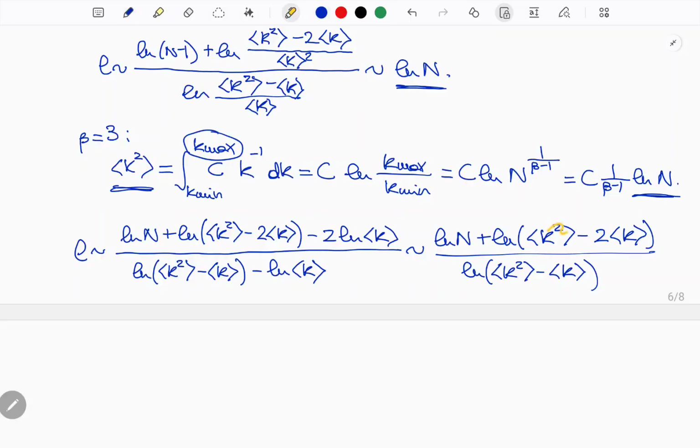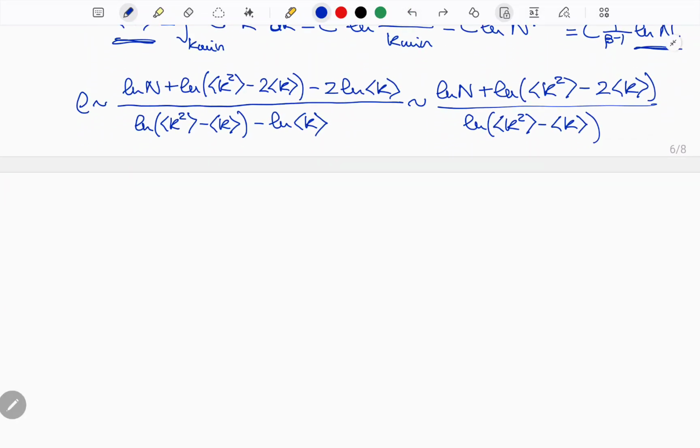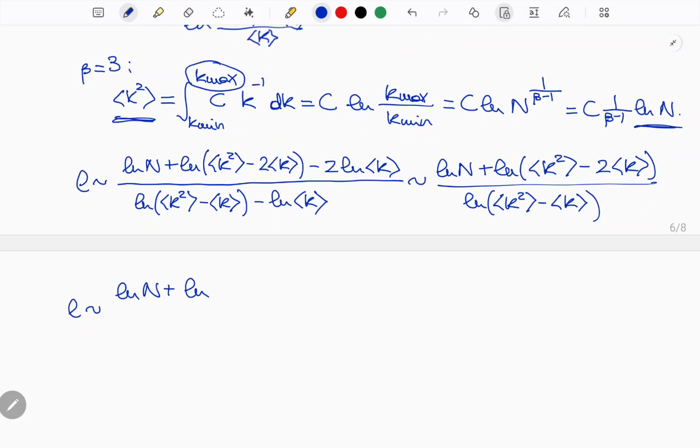And now I can do the same with this part. I'm going to neglect these two terms, because remember that this goes like this, with the logarithm of n. So here I have that L is going like the logarithm of n plus the logarithm of some constant, and this is the part I can neglect.